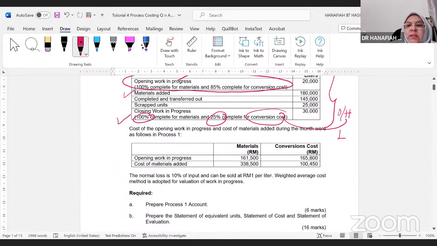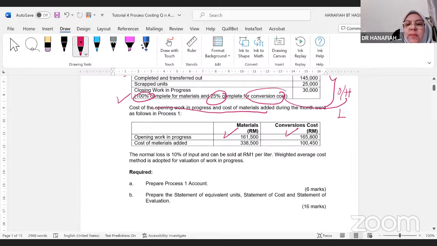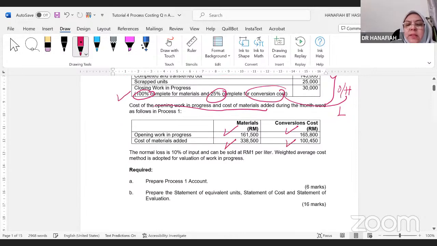The cost of opening work in progress, you can see the material and the conversion. The cost of material added here. The normal loss is 10%, can be sold with scrap value.